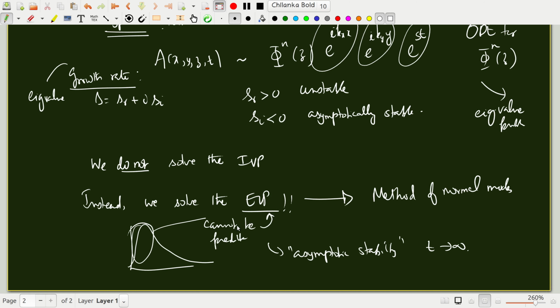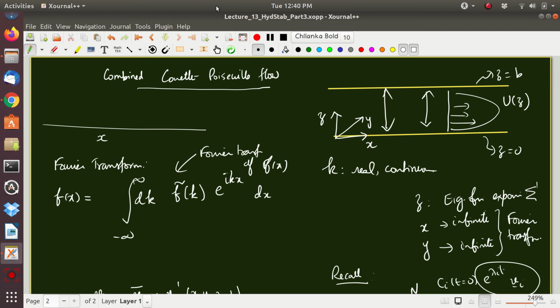You need the superposition of all the eigenfunctions or eigenvectors to predict transient growth. Okay, and I'll stop at this point. I'll try to illustrate this idea of a normal mode analysis using a simple toy problem in hydrodynamic stability in the next module. Thank you.